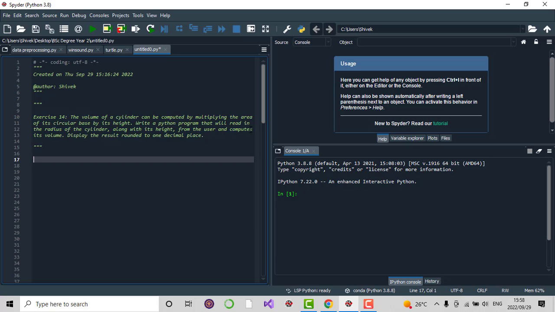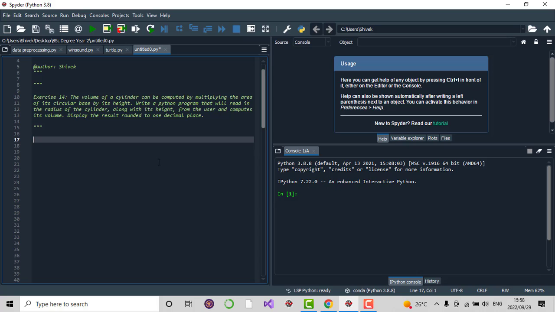So in this one, they're asking us to compute the volume of a cylinder. A cylinder has a circular base, so to get the area of that circular base, we'll do pi r squared. And they tell us that to compute the volume of a cylinder, you take the area of its base and multiply it with the height.